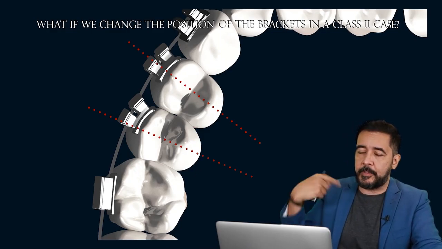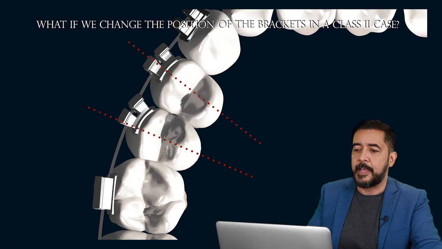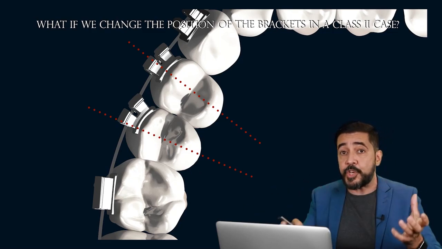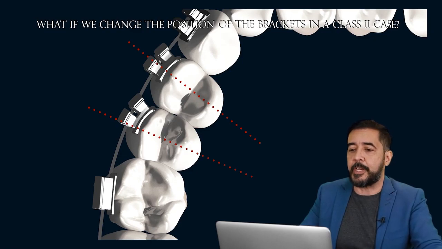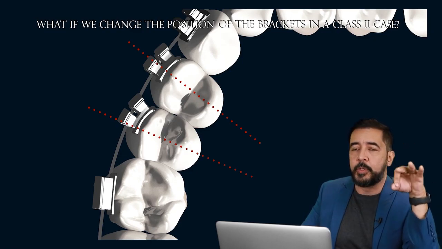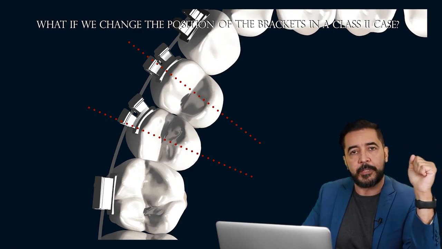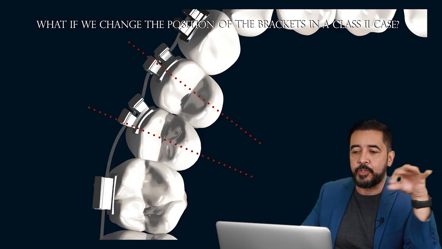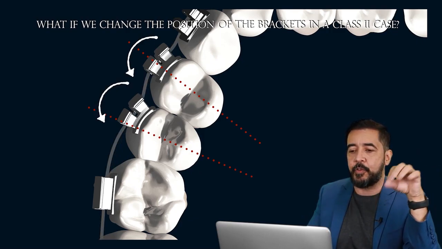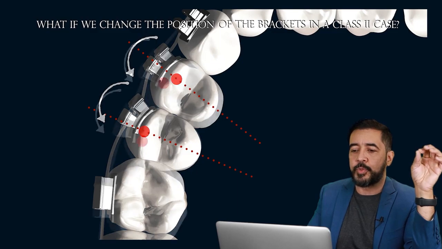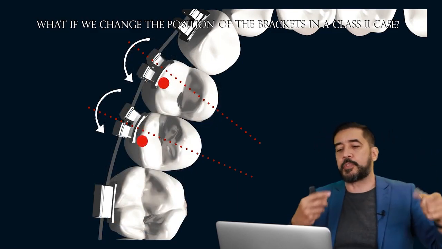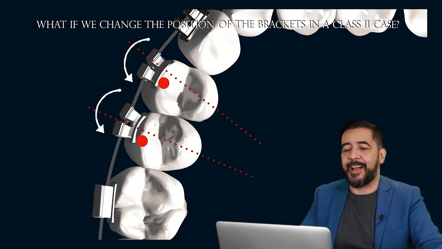You have seen this in the anterior part of this class, and when we do not centralize the bracket, we'll have a rotation. And in this situation, in which direction will those bicuspids rotate? They will rotate distally, bringing those beautiful tips backwards, distally.